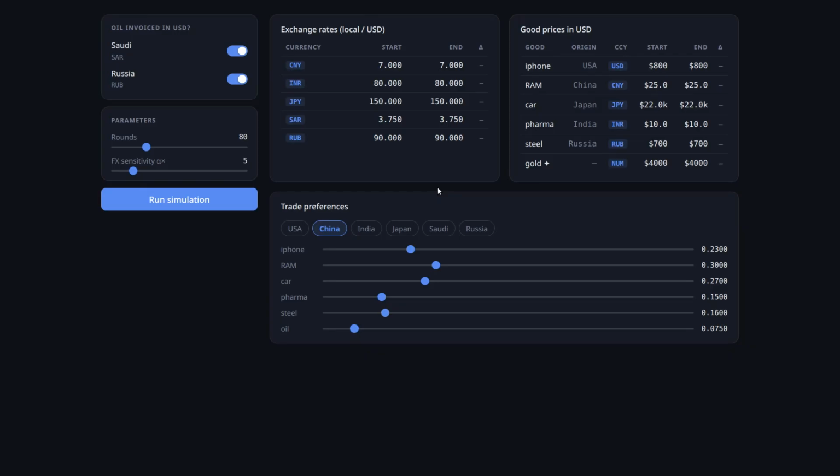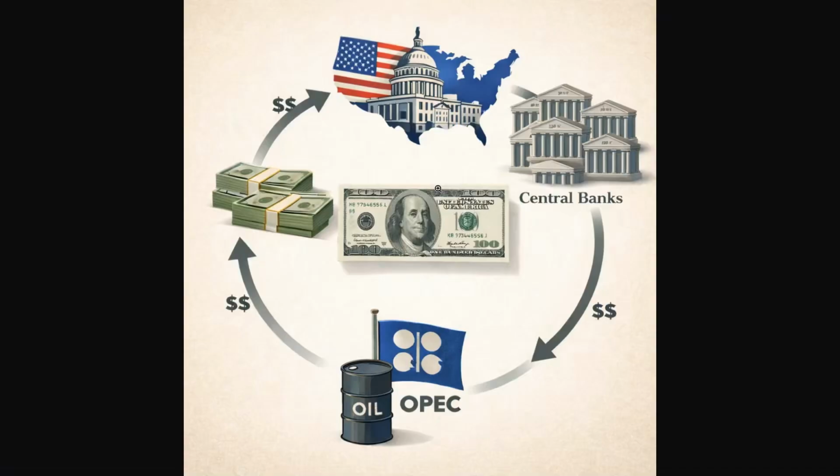So that is the main reason of this video. When people show a graph of this, this is true. OPEC countries sell the oil in US dollars, that strengthens the US dollar, which means more money to United States.